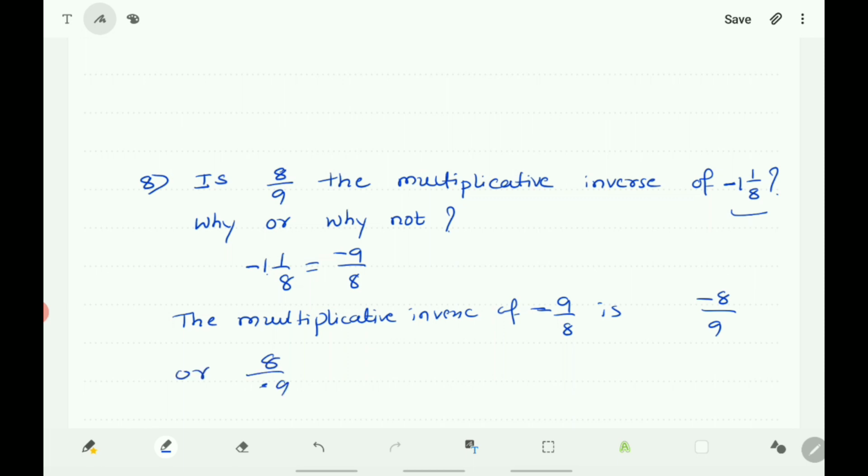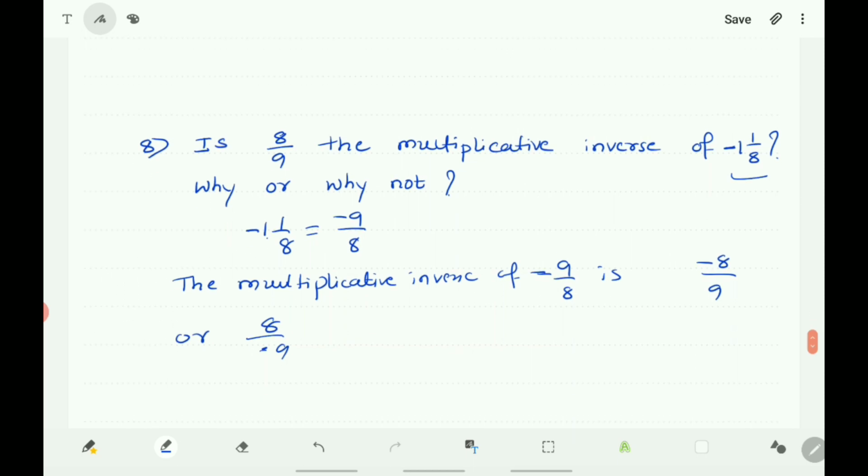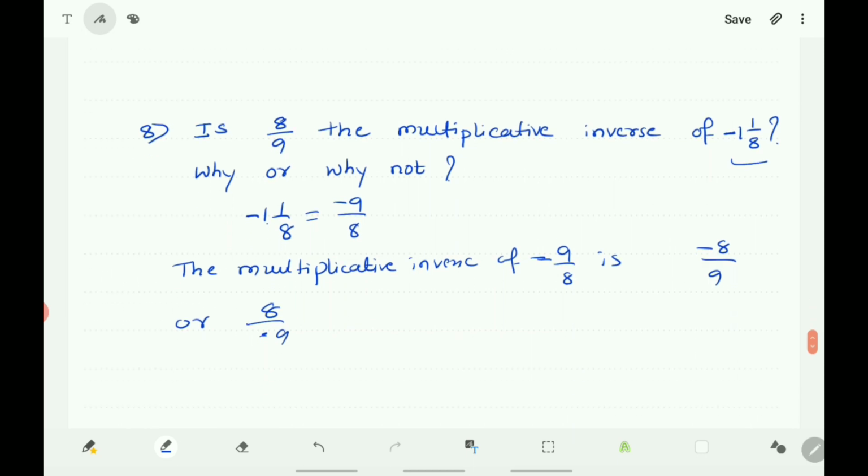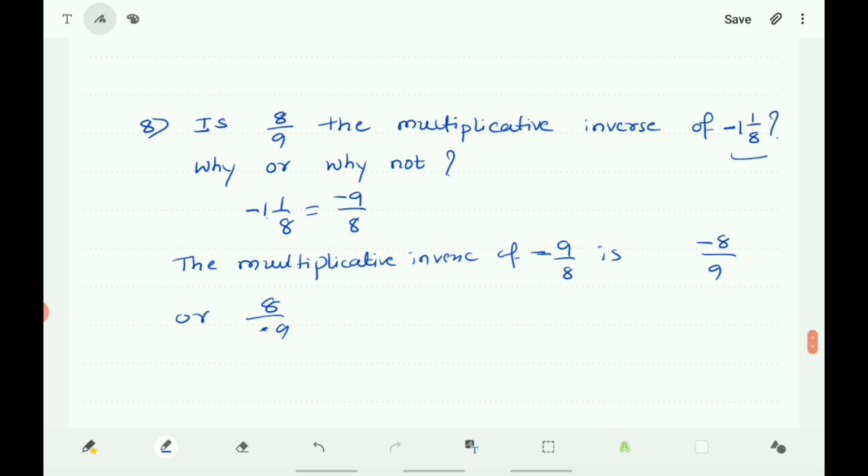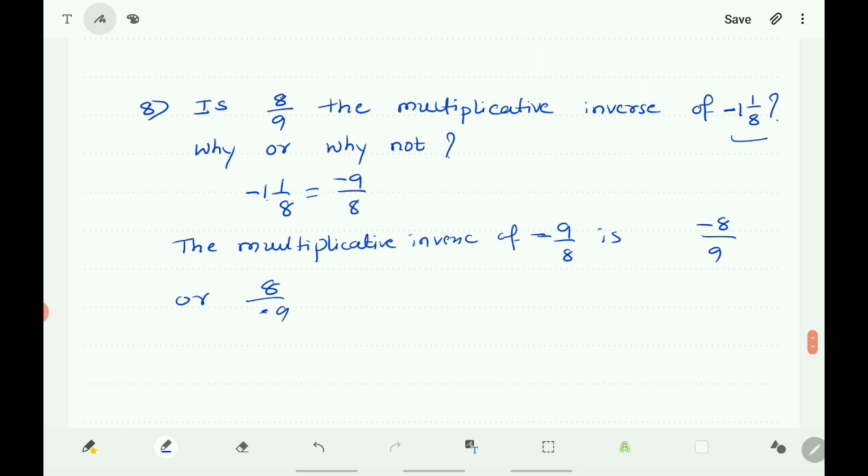This also you can write. But here what they said is 8 by 9 the multiplicative inverse. So what can you answer here? You can say that 8 by 9 is not the multiplicative inverse of minus 1 1 by 8.